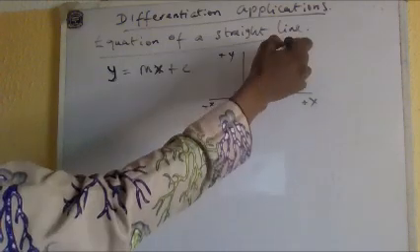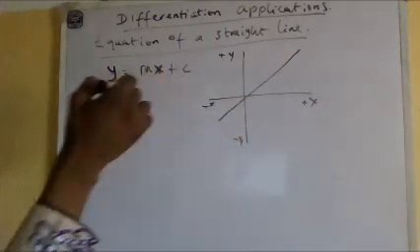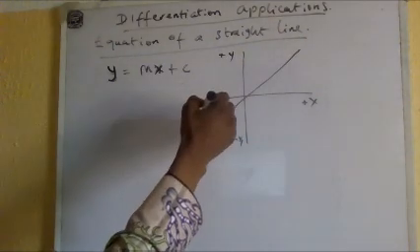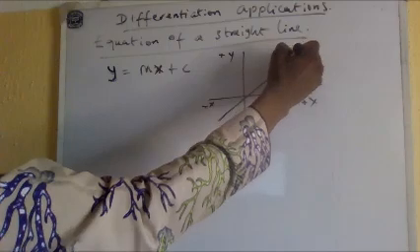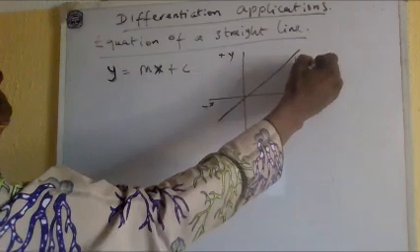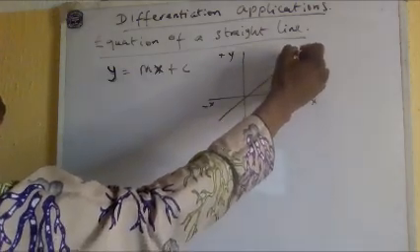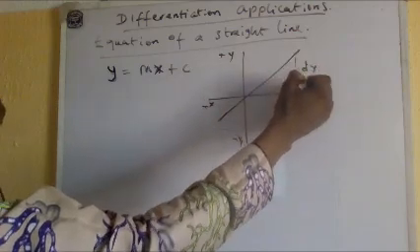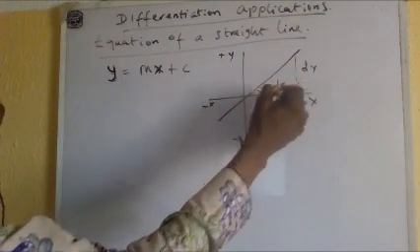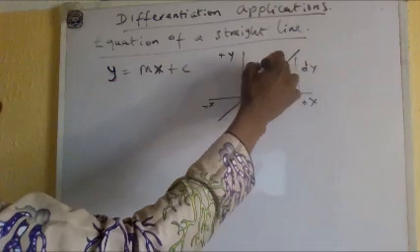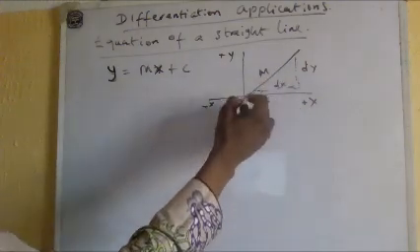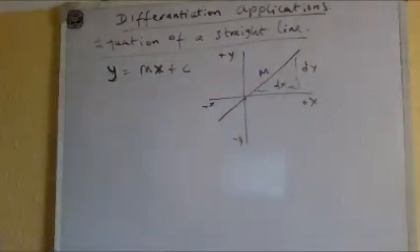So if a line passes through this plane, there is a change in y this way, that is from this point to any point here, and the corresponding change in x this way. You understand? So we have the gradient as m. So m is the gradient, c is the intercept on the y-axis.